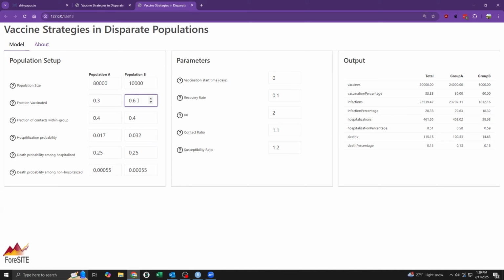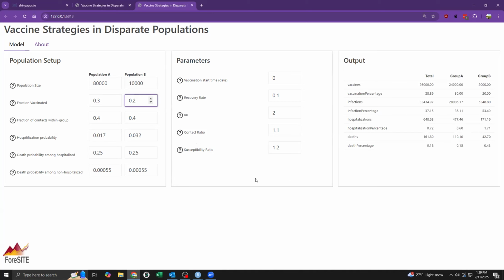So you can try to figure out how much more vaccination group B needs in order to achieve equity in the different outcomes, comparing the percentages. In this version, maybe Willy, you can play with decreasing that population B number until, say, the infection percentage comes out about equal.